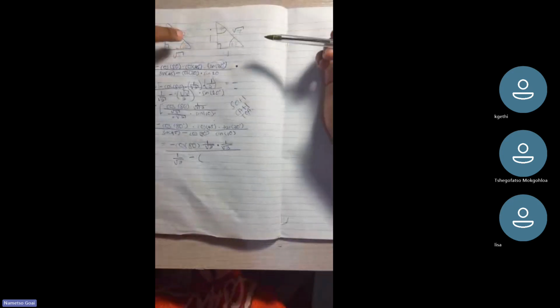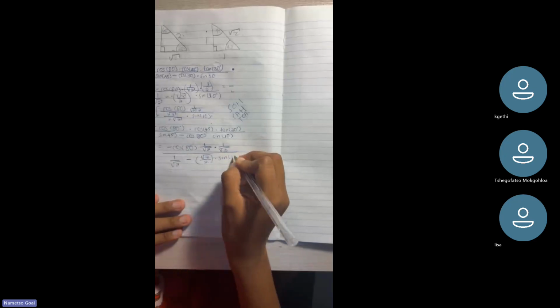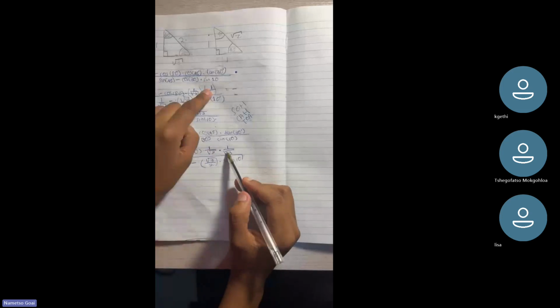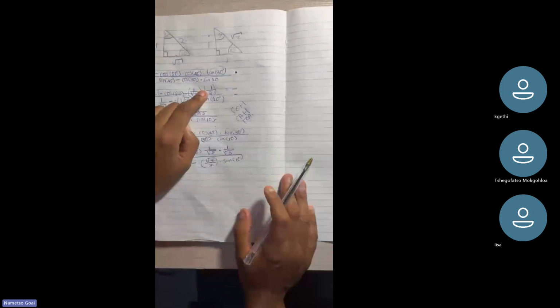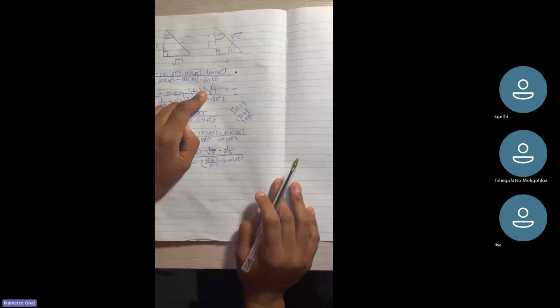Then we have minus cos of 30 degrees, which is adjacent over hypotenuse, so it's going to be root 3 divided by 2, multiplied by sine of 10. I wanted to rectify this because it was incorrect. I wrote 1 over 2 instead of 1 all over root 2. Do you guys see that?